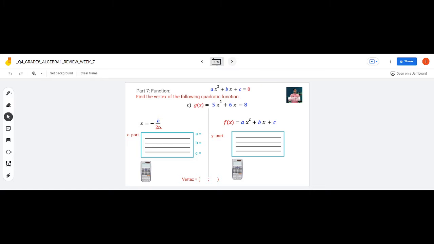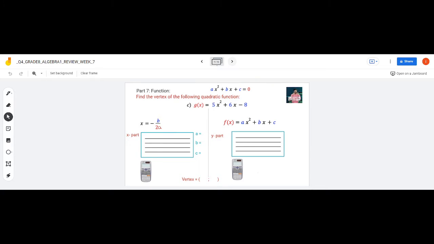You can do this one on your own and then come back to the video and check whether your answer is correct. So now here you can see we have g of x, but it still means y. It doesn't really matter what this letter is. It can be any letter of the alphabet, as long as you know it represents a y.